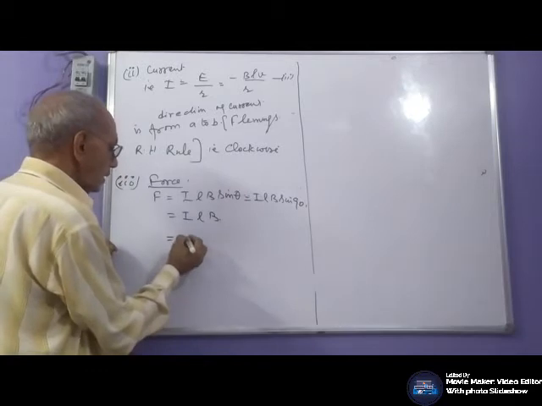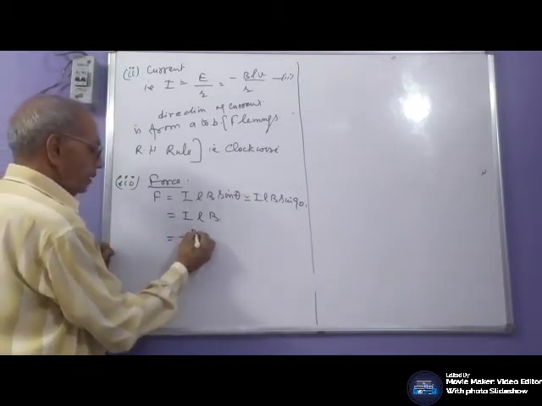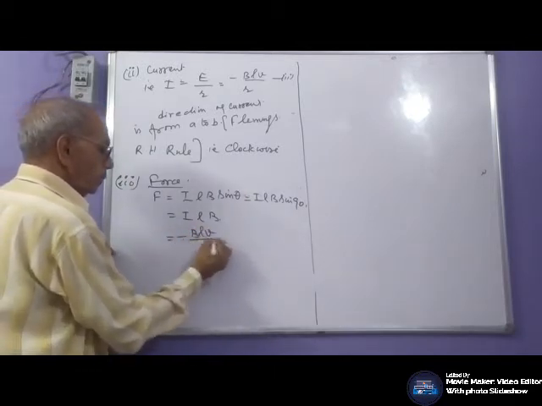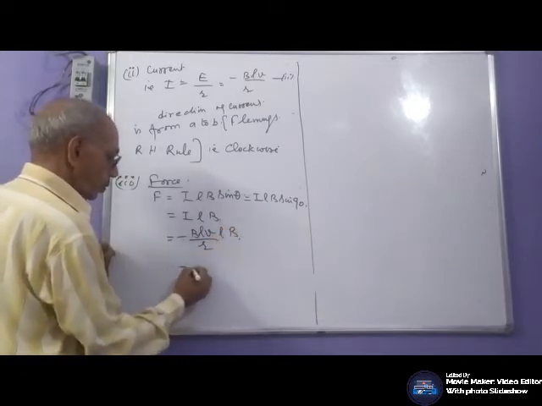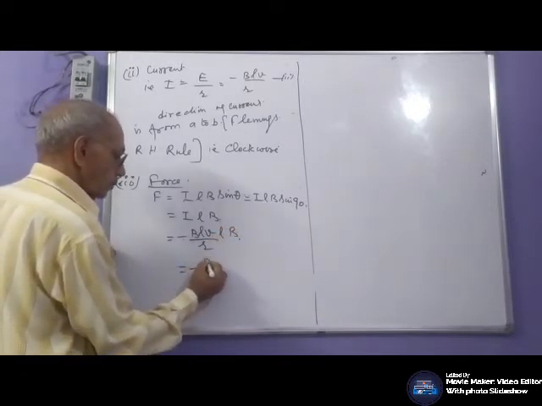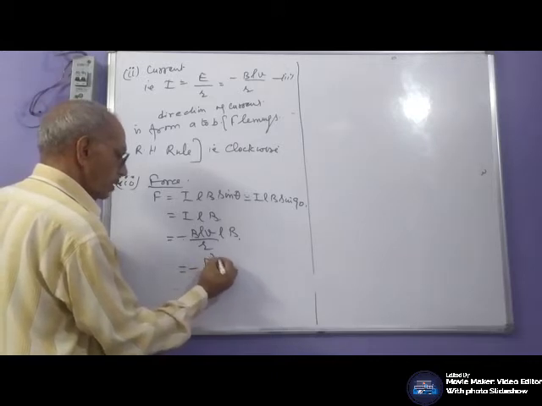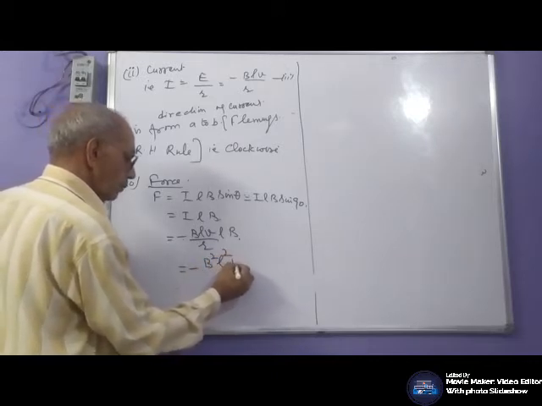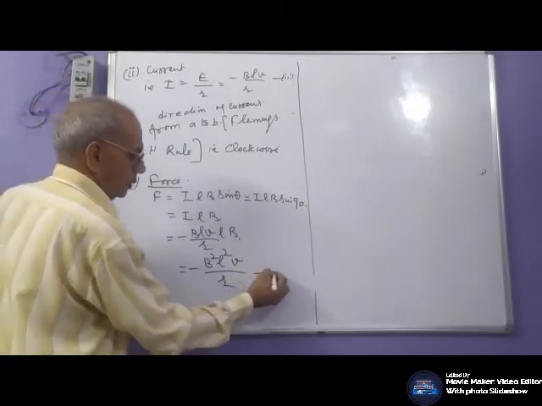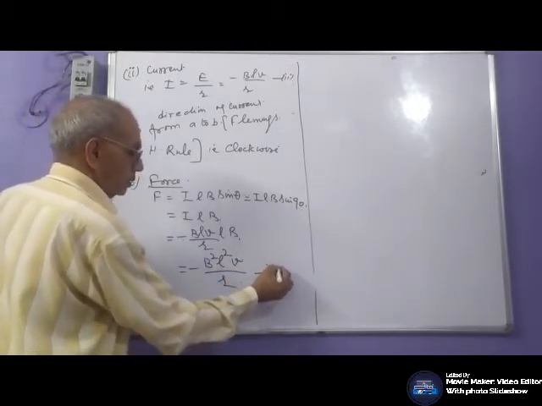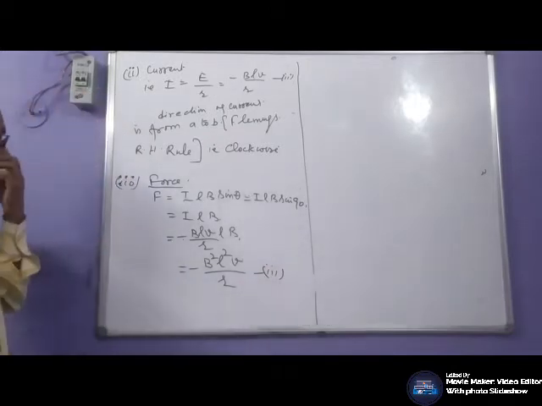And what is I? BLV by R. So force is B square L square V by R. This is force.